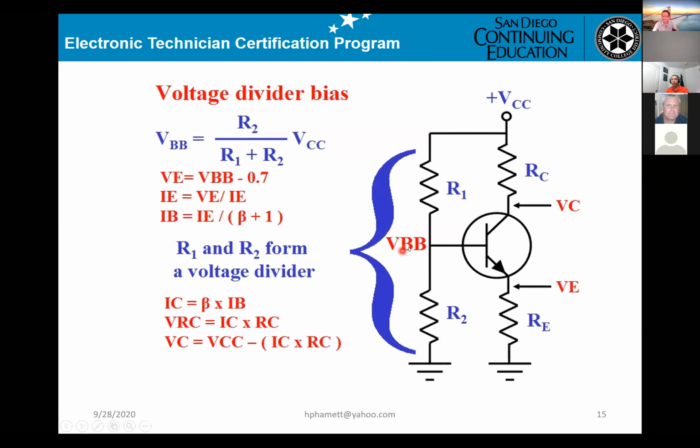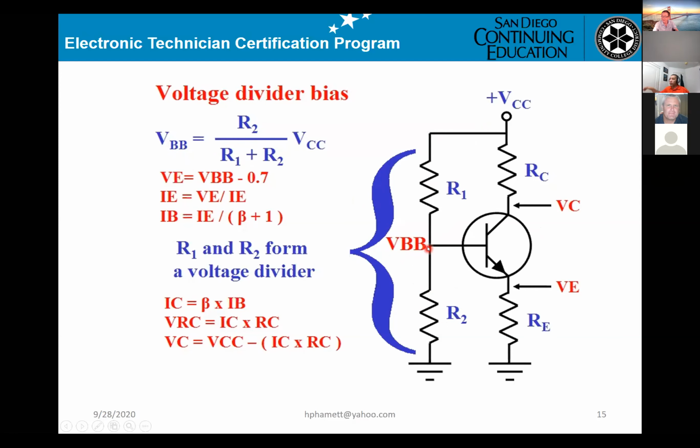First thing, if I want to calculate the voltage at the base, VBB, so you get a VCC here, R1, R2 voltage divider. This is the formula: VBB equals VCC times R2 divided by R1 plus R2. So that's easy to calculate the voltage here.